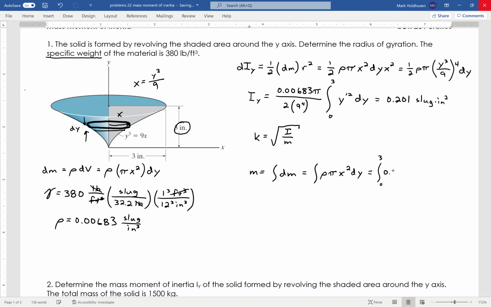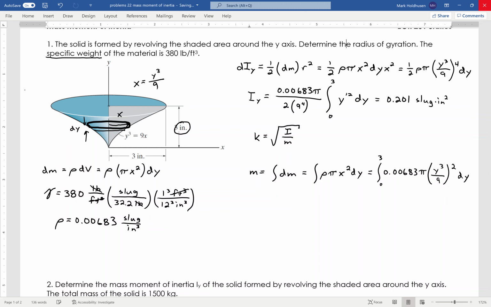Rho is 0.00683, pi, and now instead of x squared, I'm going to use y cubed over 9 squared dy.